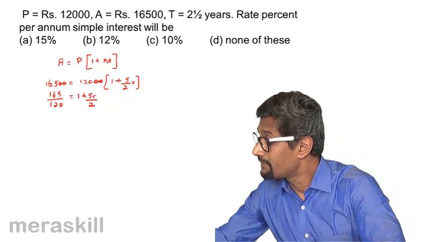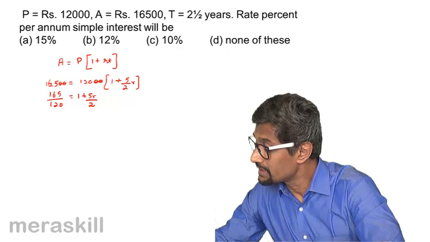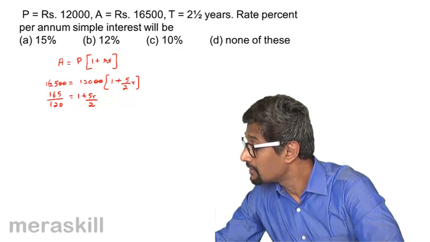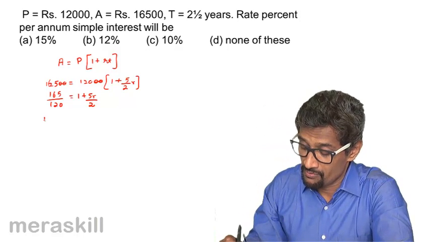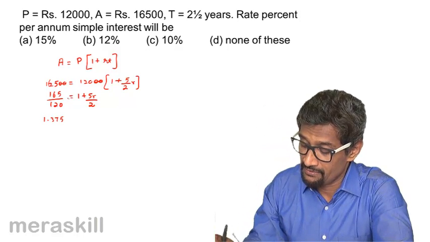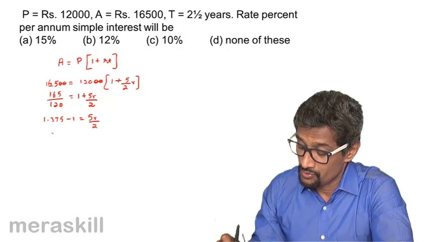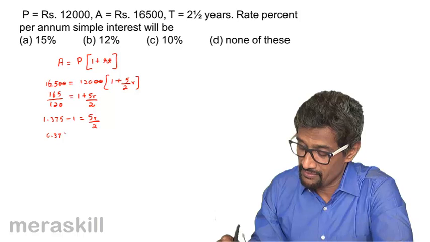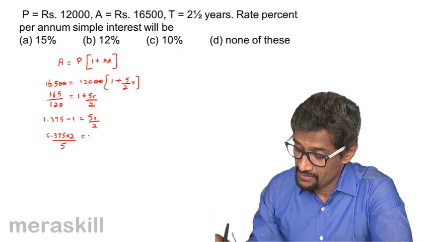So we have 165 divided by 120. So this turns out to be 1.375, minus 1 is 5r by 2. So 0.375 into 2 by 5 is r.